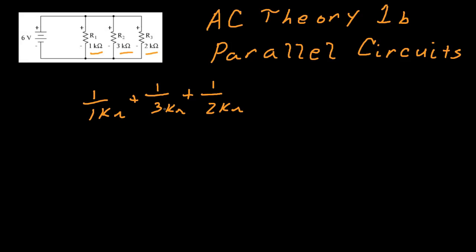So if we just wrote those out instead of using a calculator, we'd have 1 over 1,000 plus 1 over 3,000 plus 1 over 2,000. Now, you could do that on a piece of paper, I'm sure, but you're going to go ahead and use your calculator using the reciprocal method like we showed you.